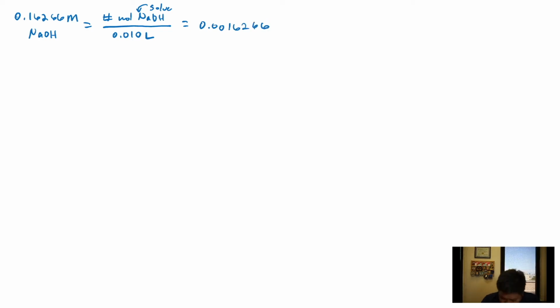0.0016266 moles of NaOH. Okay, and so now we have to convert this to number of grams, because I know generally during titrations we only use the number of moles of things to figure out the concentration of the unknown acid, but you don't have any kind of uncertainty associated with number of moles.